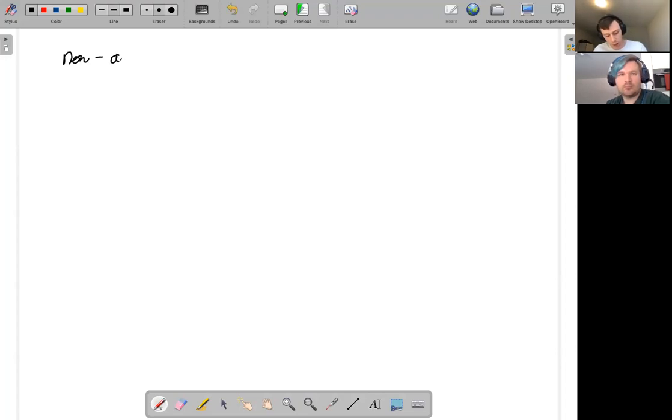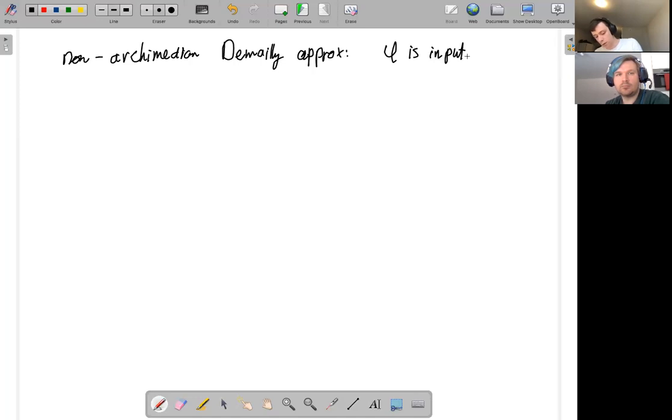So we had a non-Archimedean version of that. Okay, so here the input is still this phi, this is fixed. Phi is input.